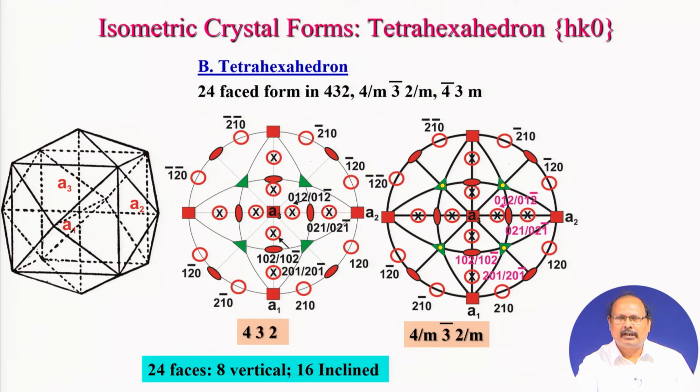One type of form will be called pyritohedron, and the other variety will be called tetrahexahedron, and this depends on the type of point group of symmetry. Okay, let us go to the next crystal form in the isometric crystal system.